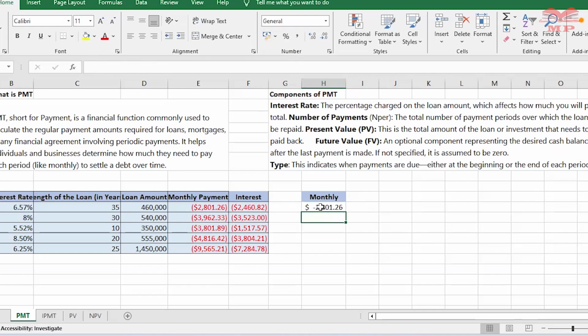And usually you'll notice it shows a negative value because it is money that is going out. So in the context of the person paying, it is an outflow. It is money that they're giving away. So it is why it is regarded as negative, right? It is not income, it is an expenditure. So the same would apply for all these other calculations.